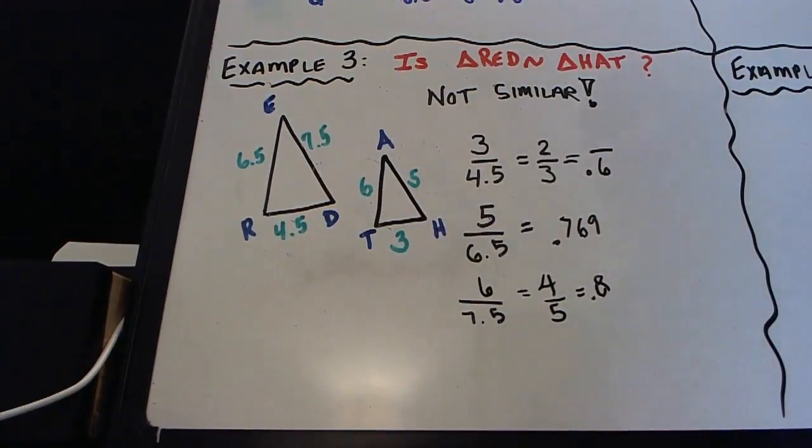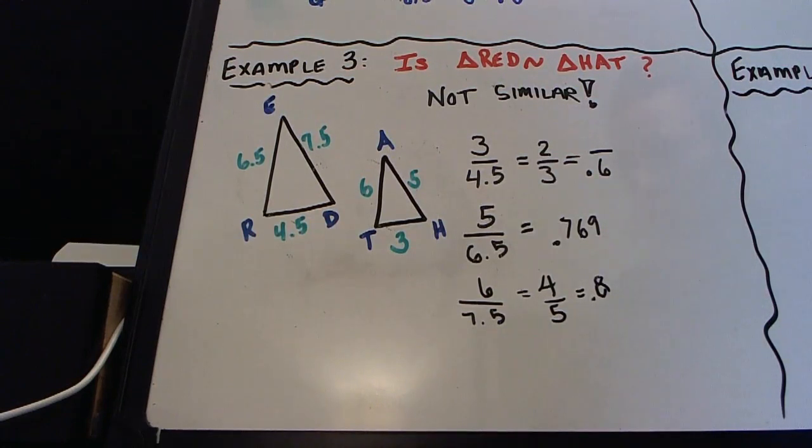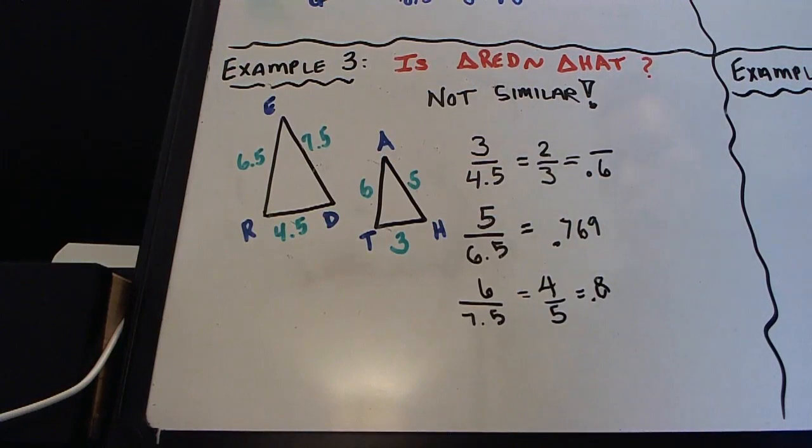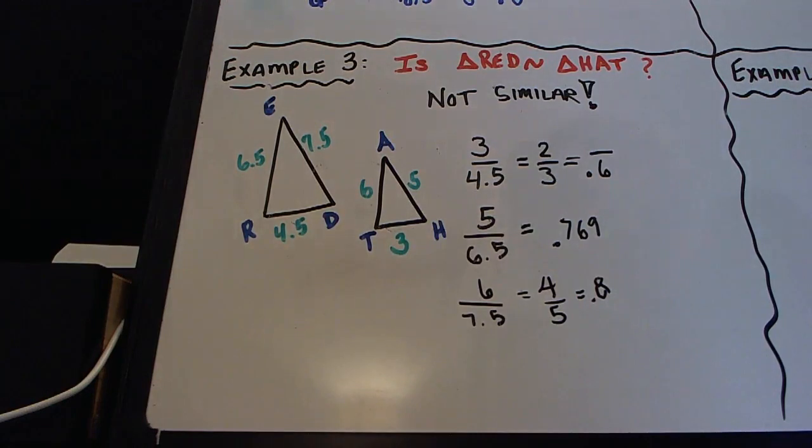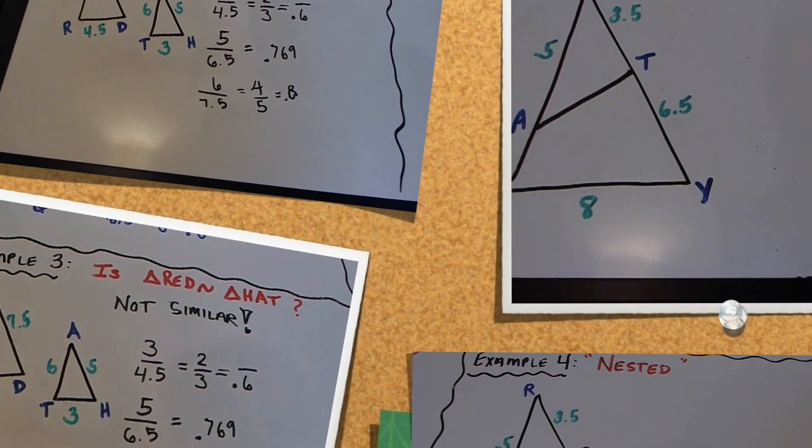So addition is not an operation that you can use to check for similarity. It has to be the right scale factor, which entails you to either multiply or divide by something in order to obtain those same ratios. All right, moving on to our last example.